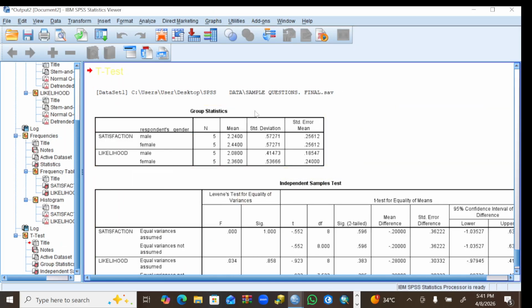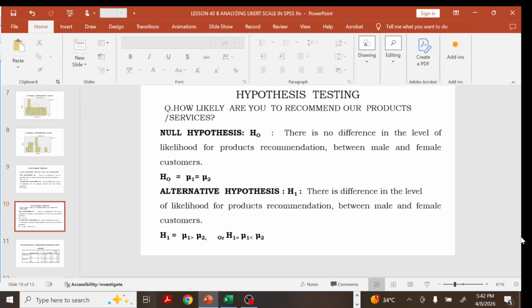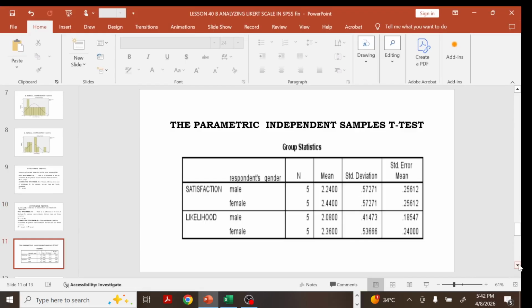When you look, I have moved this output and brought it to the PowerPoint here. So here, this table is telling us about the statistics. There were 5 male and 5 female in each test or in each question. And when you look at the mean, more or less the means are the same between the male and the female, and also the standard deviations and the standard error.